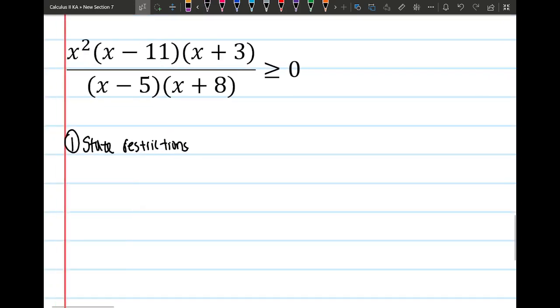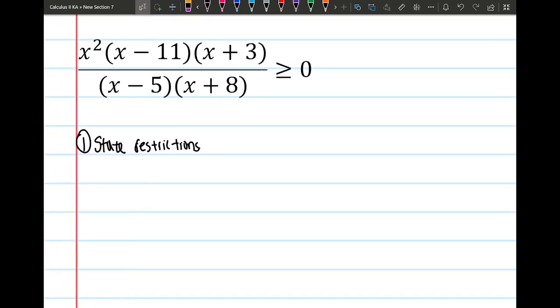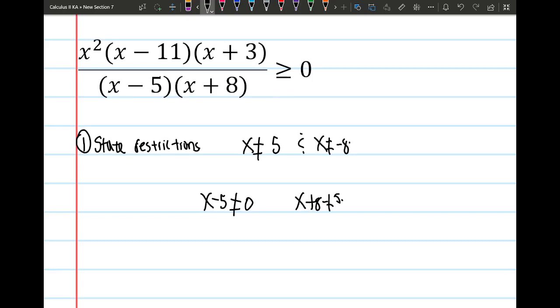So looking at the denominator, we know that for this expression here, x cannot be equal to 5 and x cannot be equal to -8. The way that I did that was that basically you set x minus 5 not equal to 0, x plus 8 not equal to 0, and solve. So you get these two things.